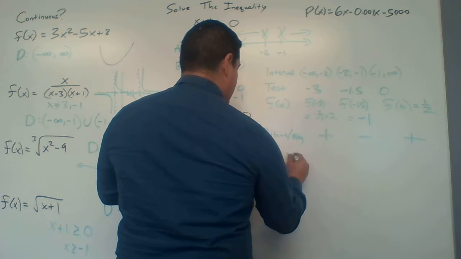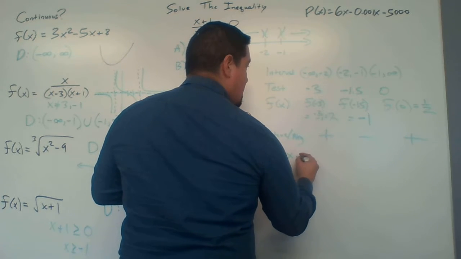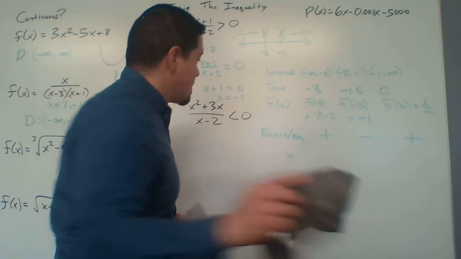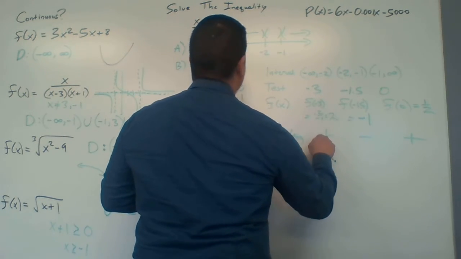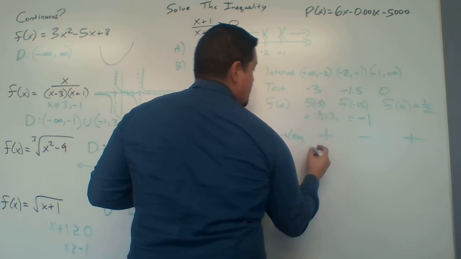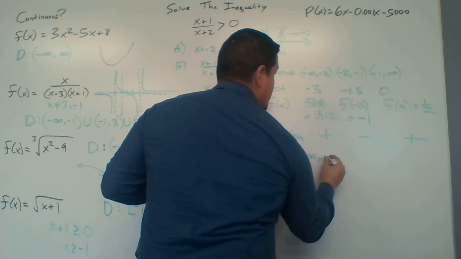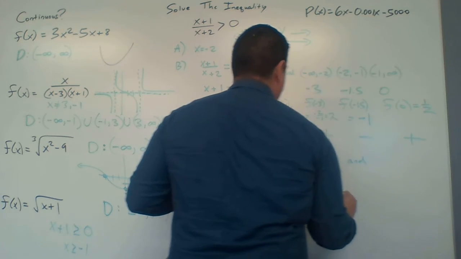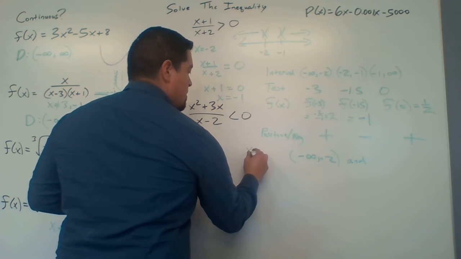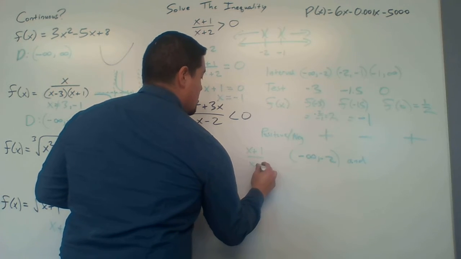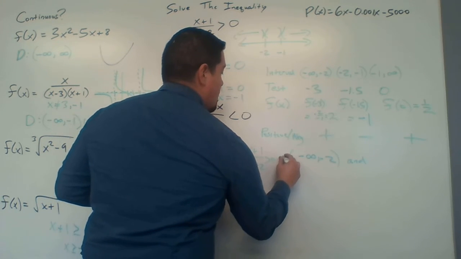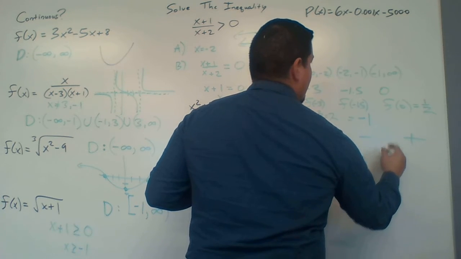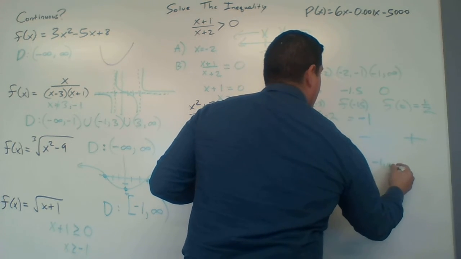We'll just write the intervals. It's going to be greater than 0 on the intervals -infinity to -2. And, I guess we can just reiterate, x plus 1 over x plus 2 is greater than 0 on the intervals -infinity to -2 and -1 to infinity.